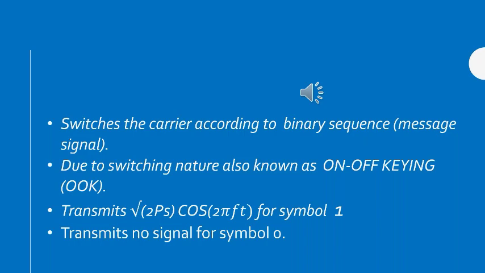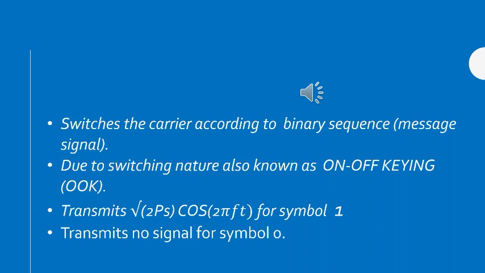Now what it does: for symbol 1 in the digital signal, it transmits a carrier whose voltage is equal to root 2Ps cos 2 pi fc t, where fc is the frequency of the carrier, and this root 2Ps is actually the amplitude. We know the power of a signal is given by amplitude squared upon 2, so when we substitute the amplitude here, it is equal to root 2Ps.